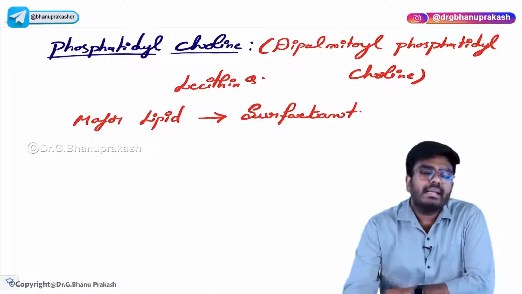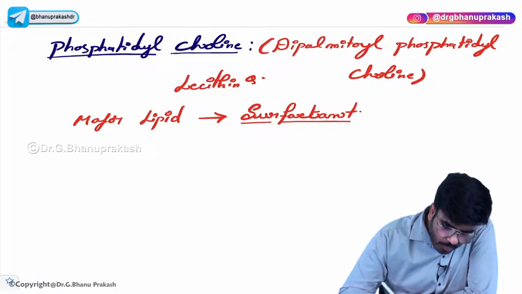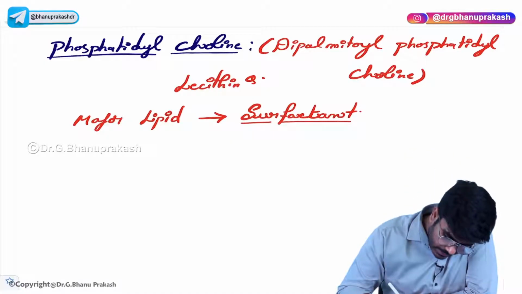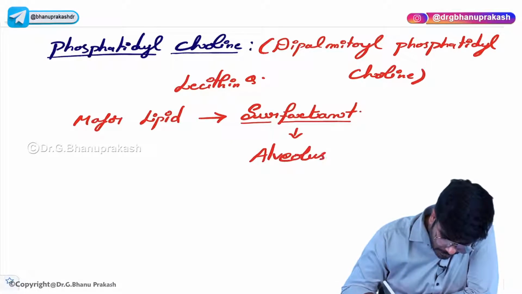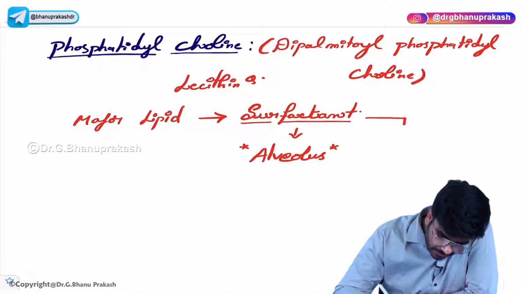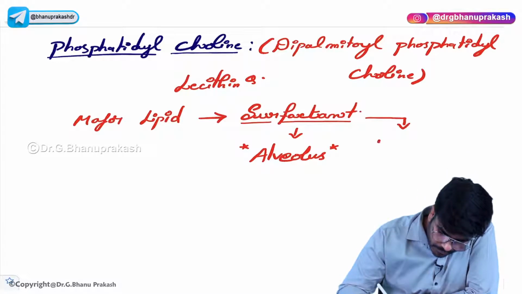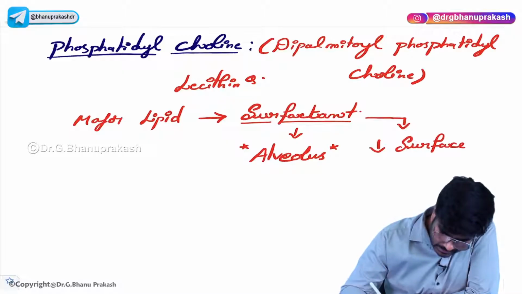Now what exactly is the surfactant? Surfactant is a lipoprotein which is present in the alveolus. Usually in the alveoli there is something called a surfactant. Now what is the function of surfactant? Surfactant is going to reduce the surface tension.